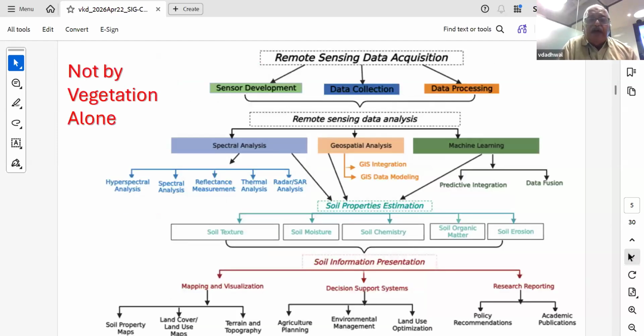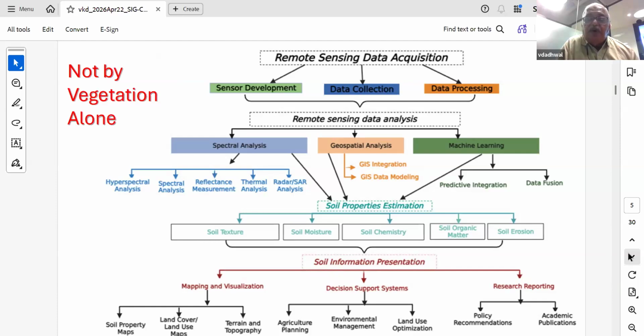But that was the vegetation. Then what about the soil? Soil is related to the spectral information of the surface. It is determined by soil texture, soil moisture, soil chemistry, soil organic matter, and the erosion.